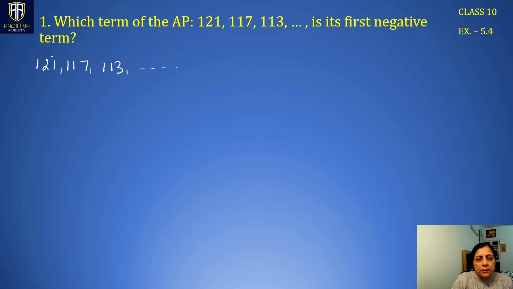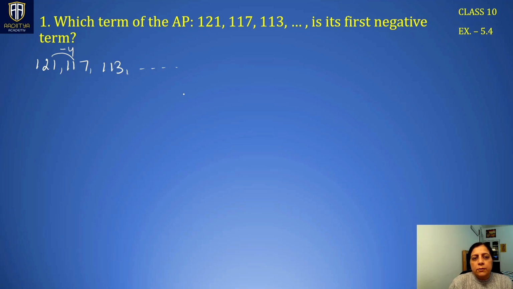You can see that this is a decreasing sequence. 121, the next term is less than the first one, so it is decreasing by 4. So a point will come where we will have negative terms in the sequence. So what is the term which will be the first negative term?